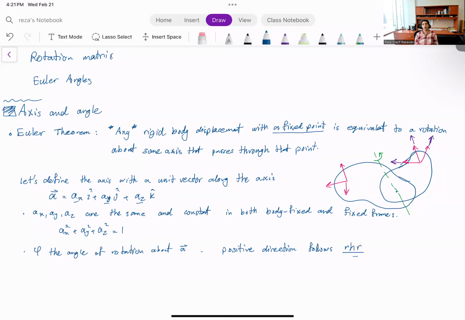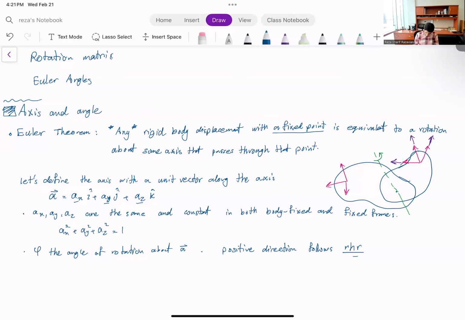And by that I mean when your thumb points toward the direction of your axis, the positive direction of A, the fingers are the positive direction of the angle.